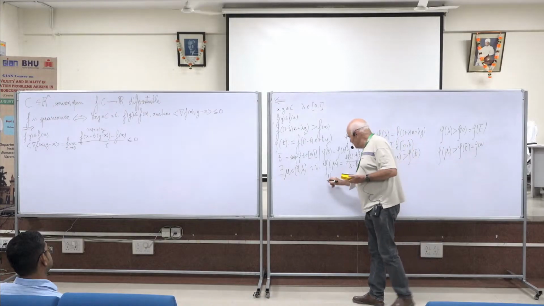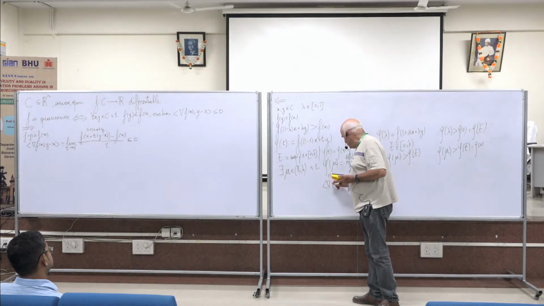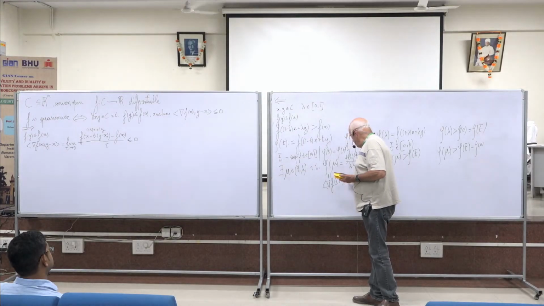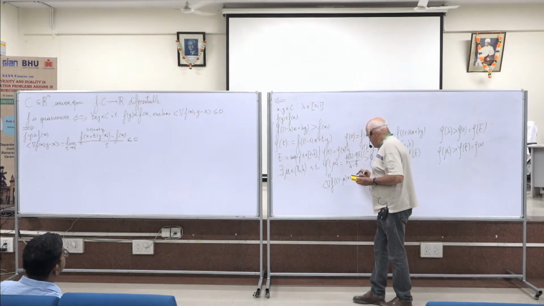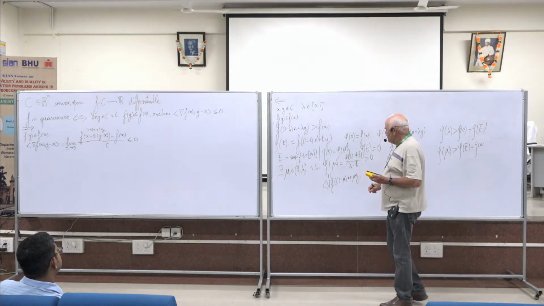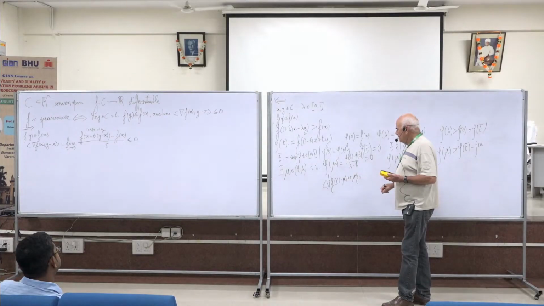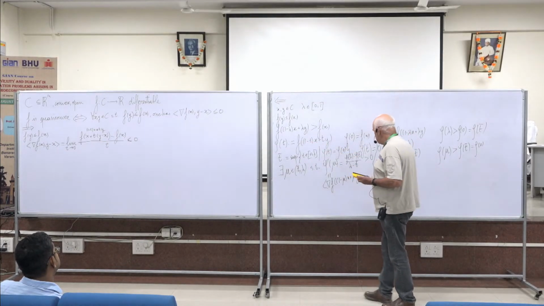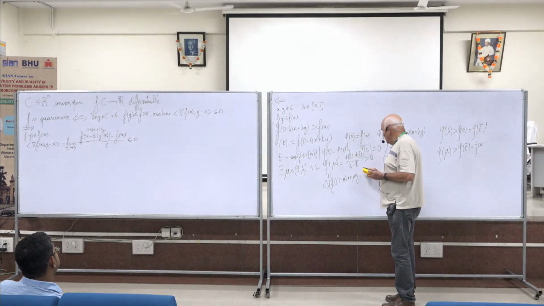So this is nothing but the inner product of the gradient of f at 1 minus mu x plus mu y times the direction, which is y minus x. Okay?